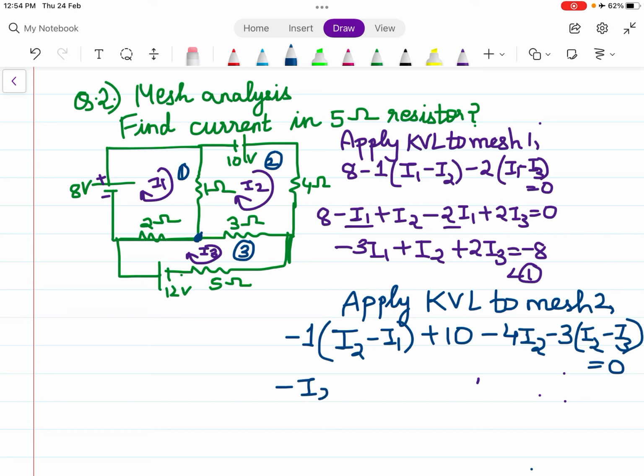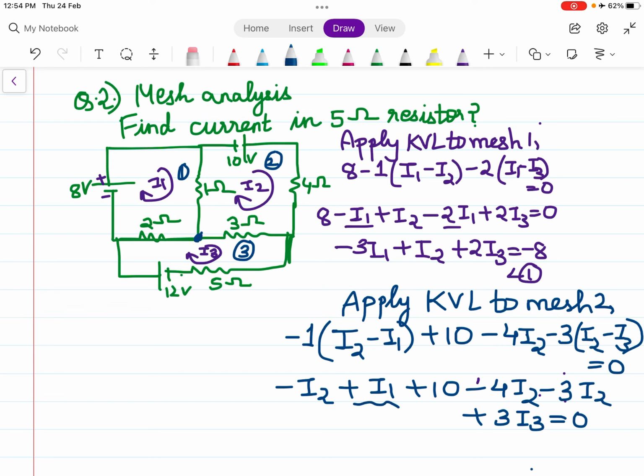So minus I2 plus I1 plus 10 minus 4 I2 minus 3 I2 plus 3 I3 equal to 0. So collecting the I2 terms, it is I1 minus 8 I2 plus 3 I3 equal to minus 10, equation number 2.